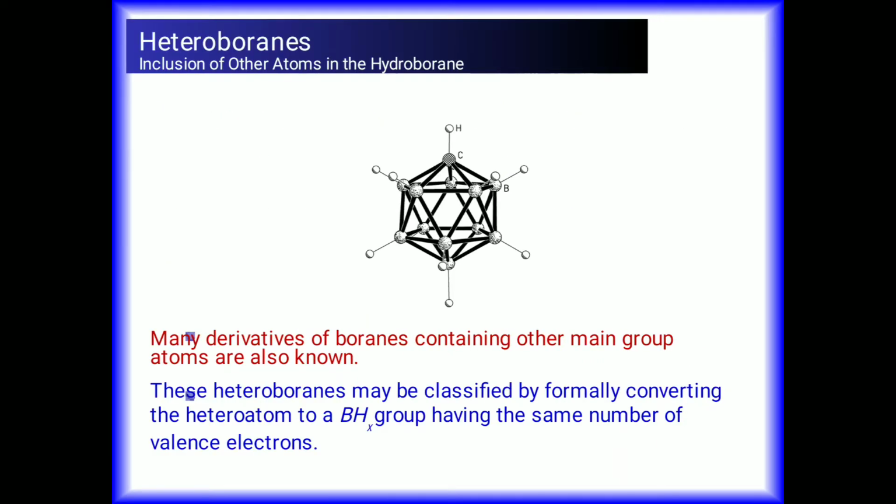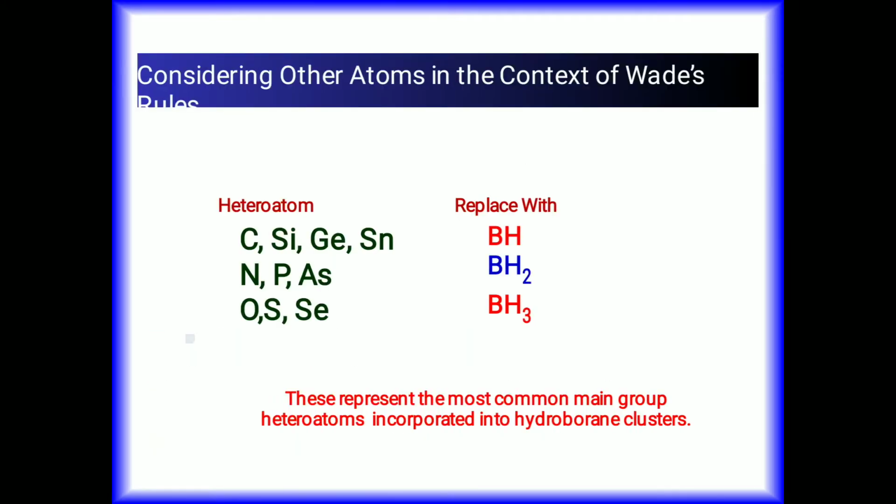So here, heteroboranes. Many derivatives of boranes containing other main group atoms are also known. These heteroboranes may be classified by formally converting the heteroatom to a BH group having the same number of valence electrons, considering the other atom in the context of Wade's rules. Heteroatoms carbon, silicon, germanium, tin are replaced with BH, and the heteroatoms nitrogen, phosphorus and arsenic are replaced with BH2.